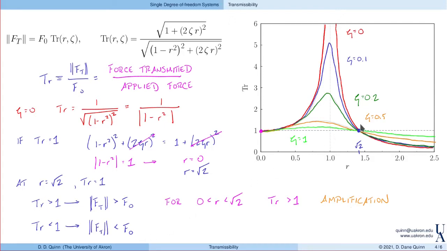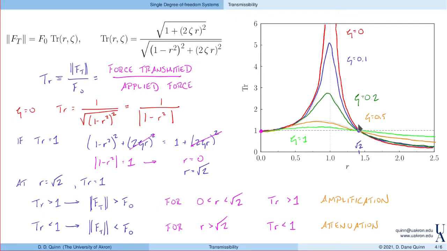However, for r greater than the square root of 2, the transmissibility is less than 1. So here we would say that the force applied to the ground is attenuated relative to the force that is applied to the structure itself.